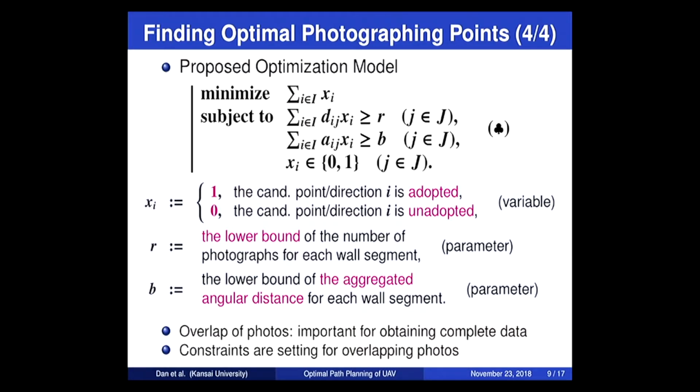It means that each wall segment must be photographed with this lower bound b degrees. So as I said, the overlap of photos is important for obtaining the complete data. So in this problem, we deal with this overlap by setting these constraints.